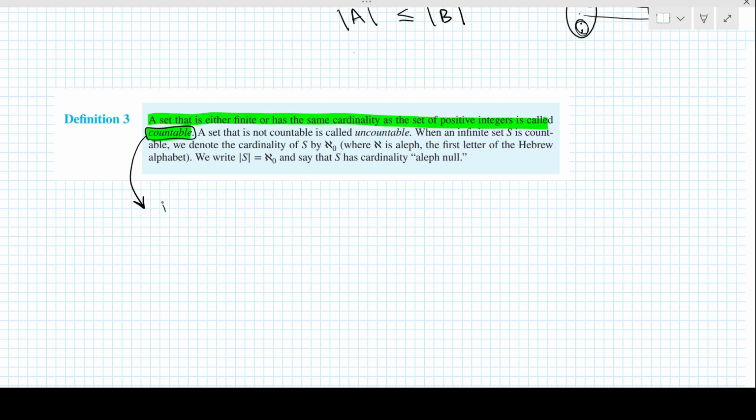Now, the intuitive definition or the English language definition of the word countable is something that we all understand, right? Intuitively, it means something that can be counted. So, countable means can be counted, right?